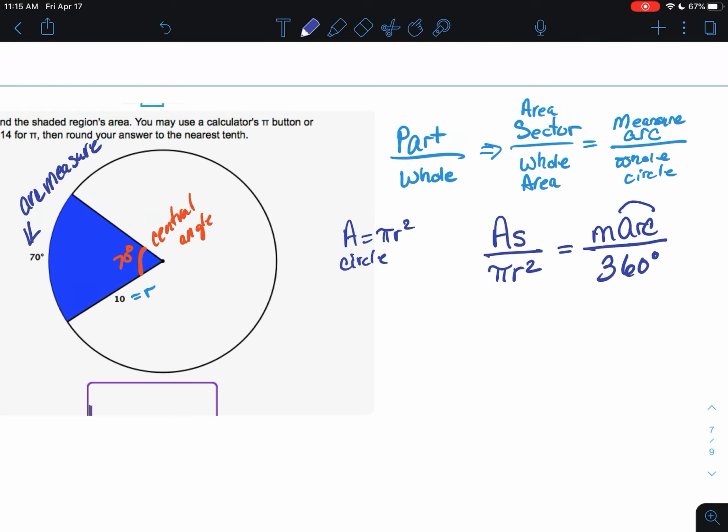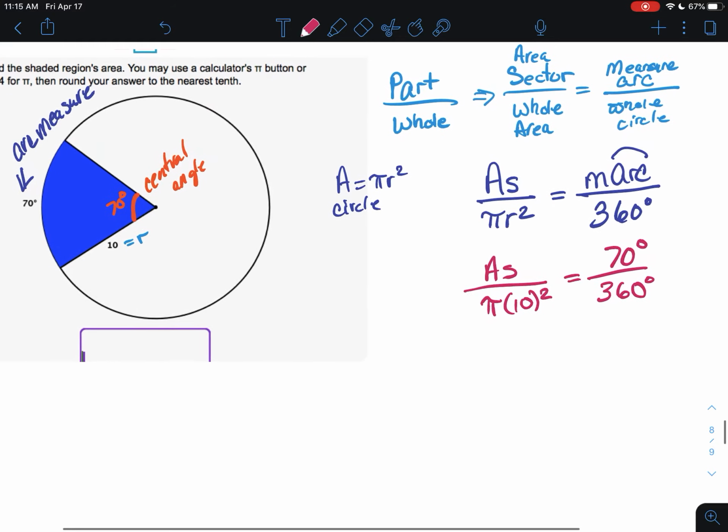All right, so fill in what we know. The area of the sector is what we're looking for. Pi times 10 squared is equal to the measure of the arc, which is 70 degrees out of 360. And I tend to just go through and simplify as need be.